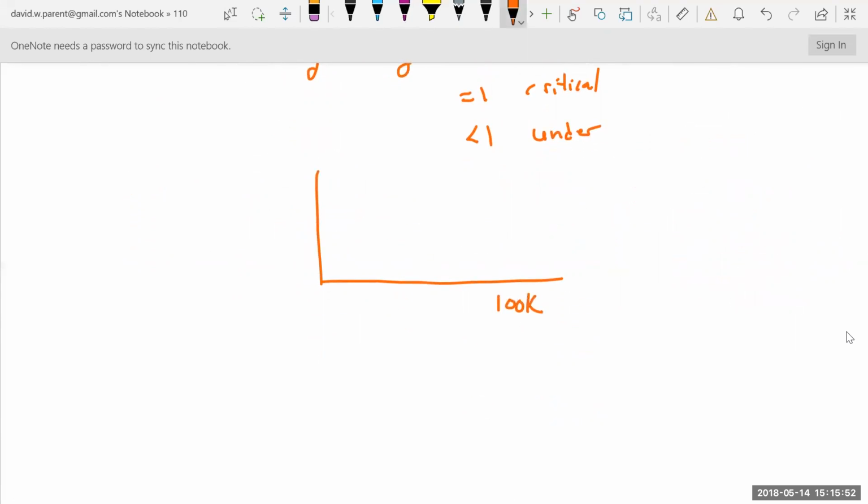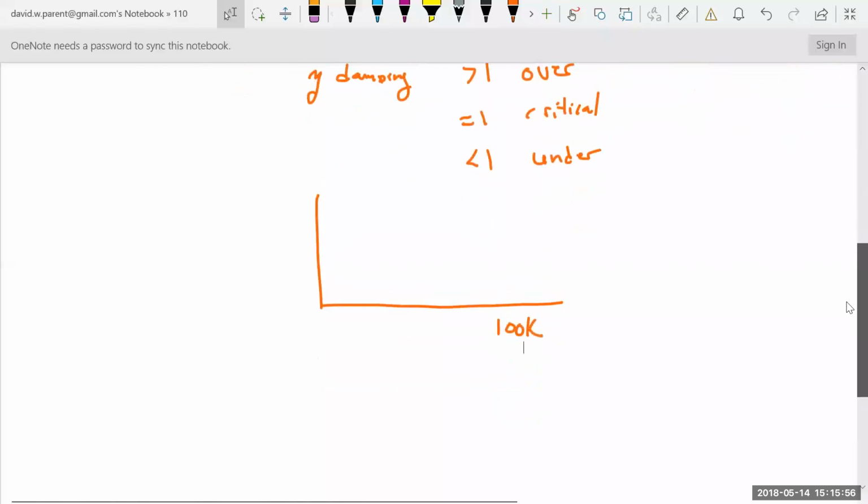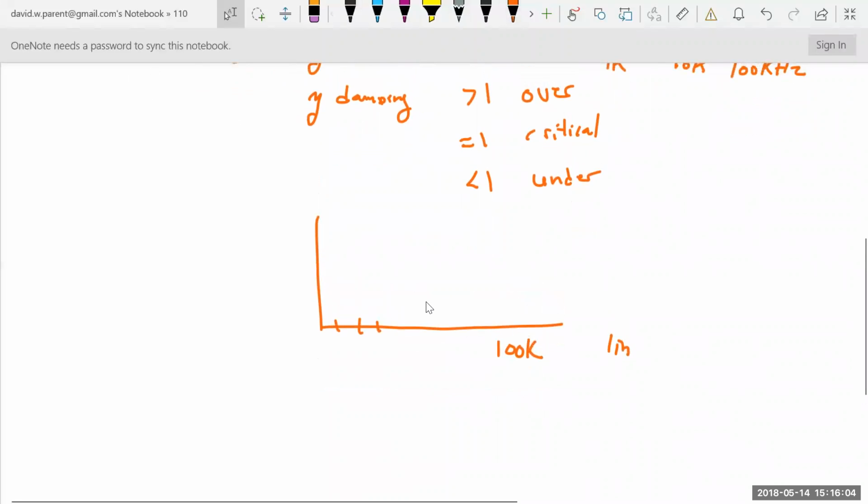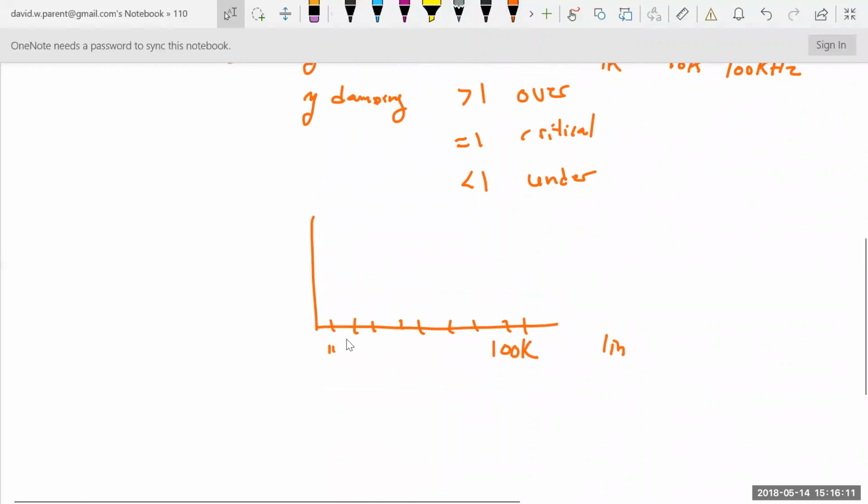So 10K, right? Now we're on a linear scale, right? 1, 2, 3, 4, 5, 6, 7, 8, 9, 10. All right, so 10K is here, all right? And so then that's 1K.